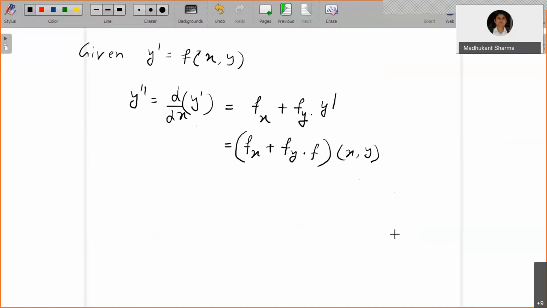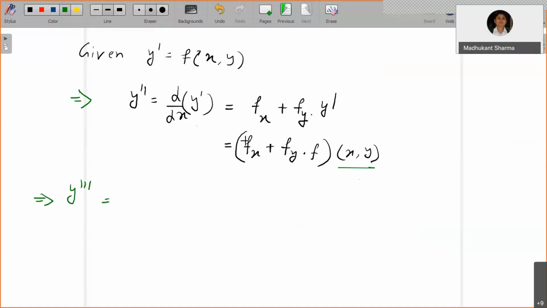Now if you want third time differentiability, you are going to find the third derivative of y. So y third derivative is going to be d by dx of this one. We are using an abuse of notation, so we are not carrying forward this x comma y; wherever they occur, we assume they are evaluated at the point x comma y.